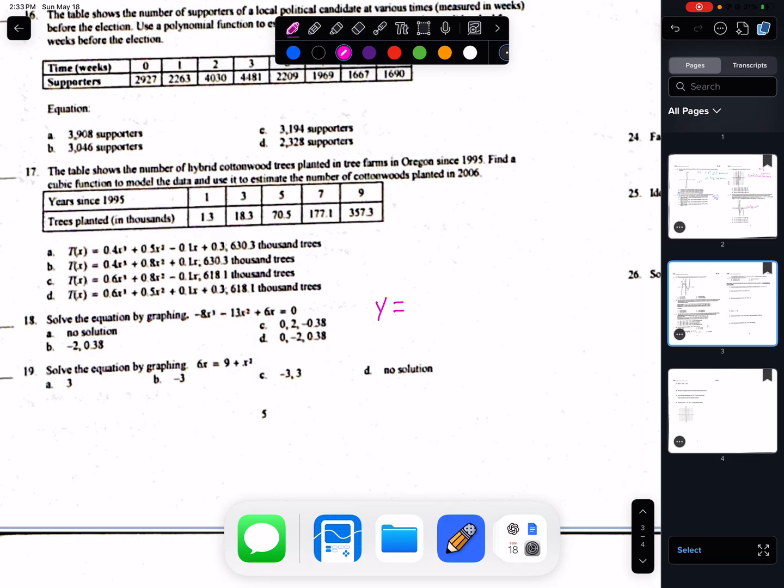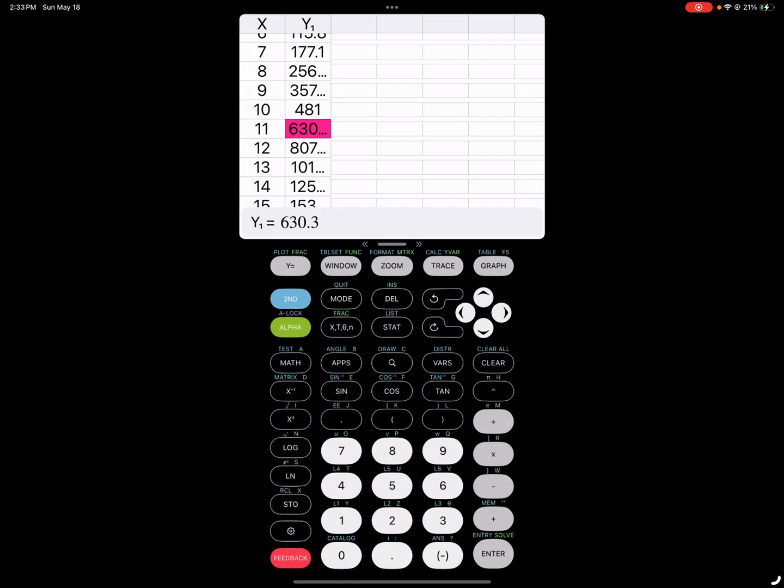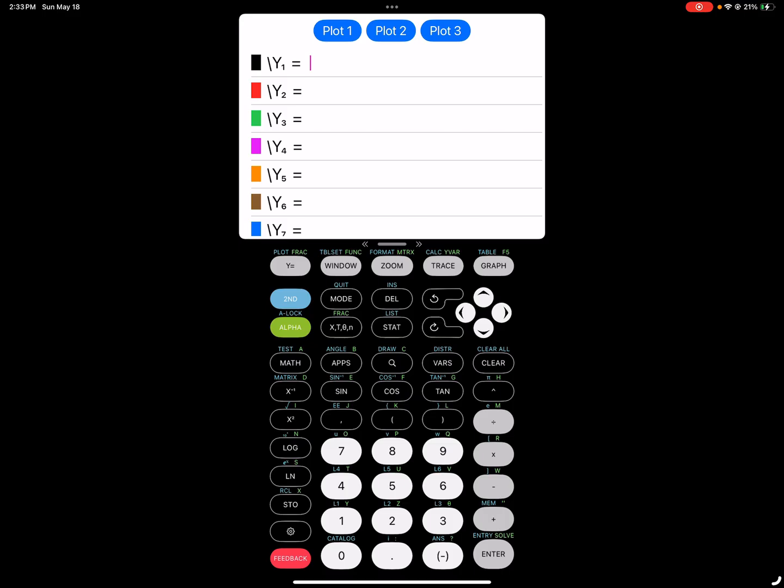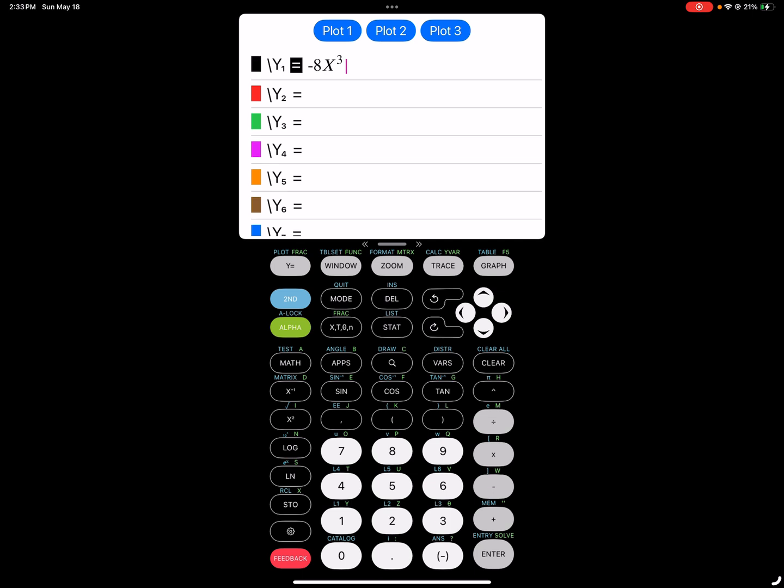I'm just going to plug that one in real quick because there's a nice little trick on that. It's this one. So y equals, clear that. We have negative 8x cubed minus 13x squared plus 6x.